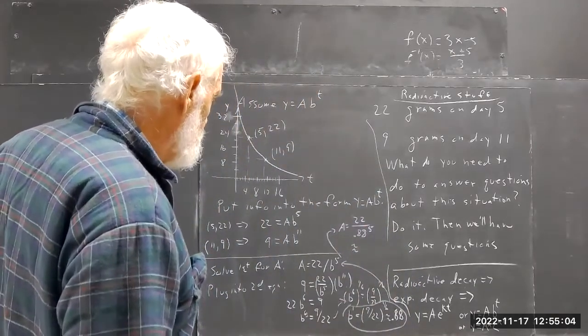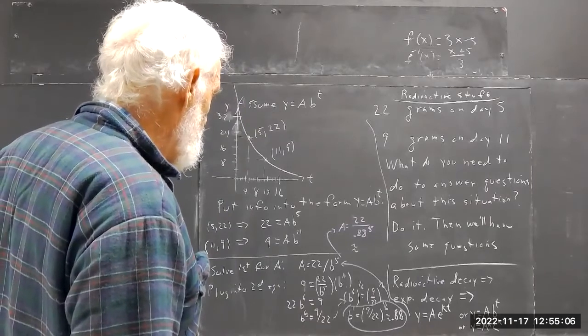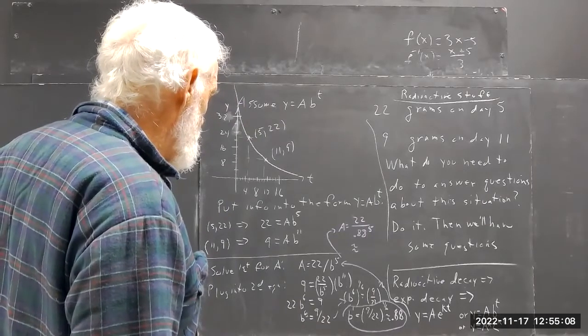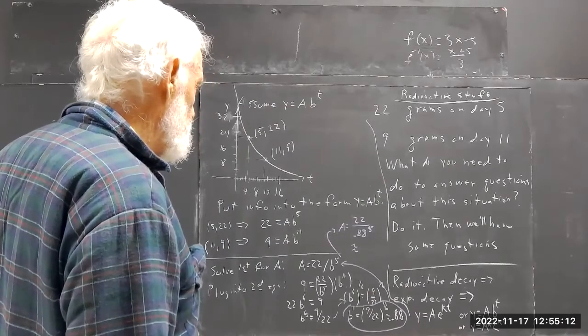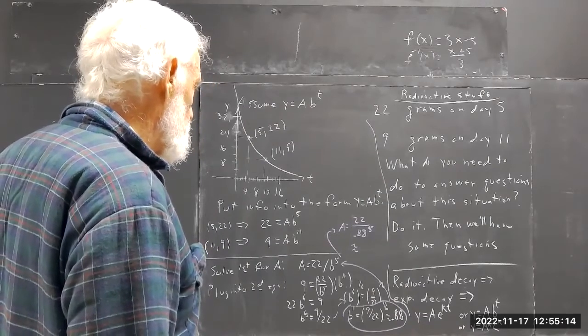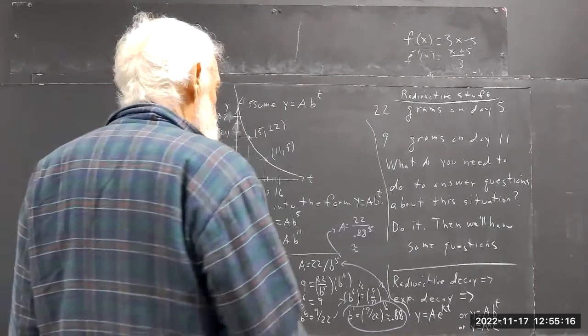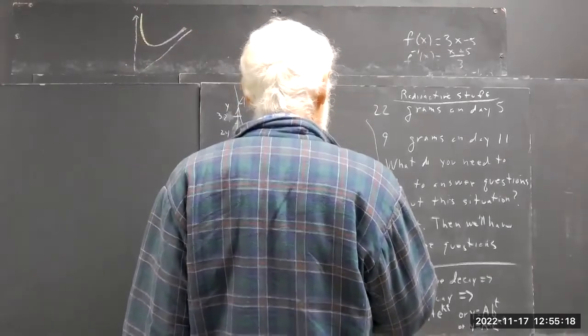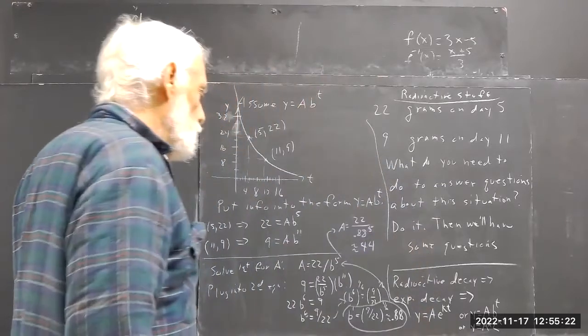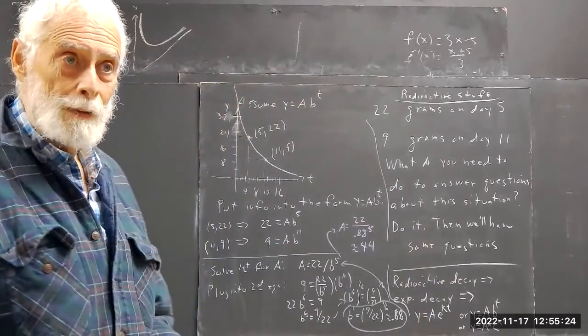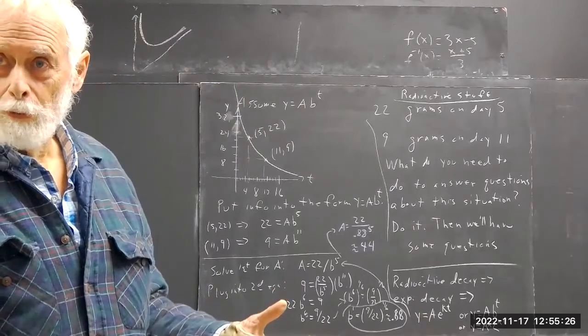I'm getting a ridiculous result. Never mind. I don't know about the 44, between 40 and 50. So let's just say we get 44.